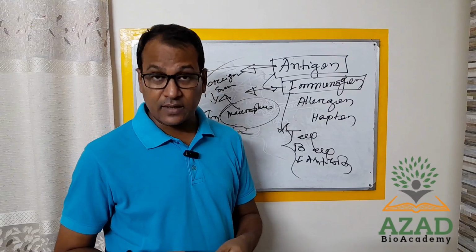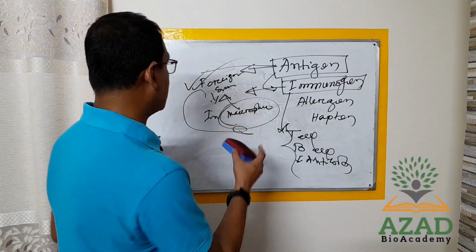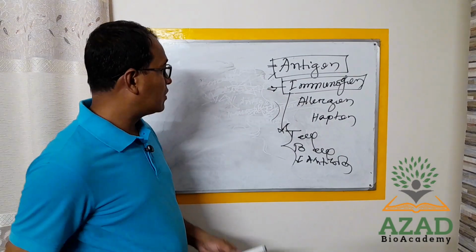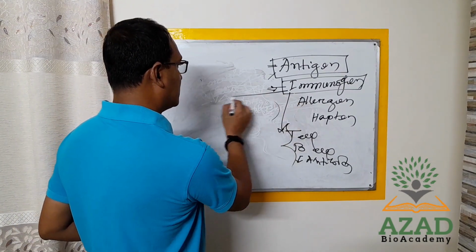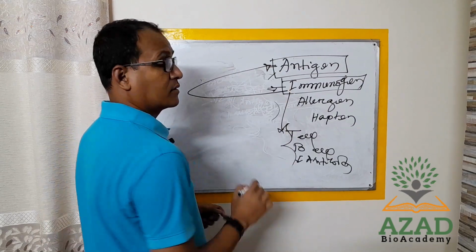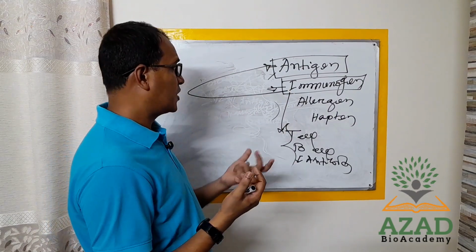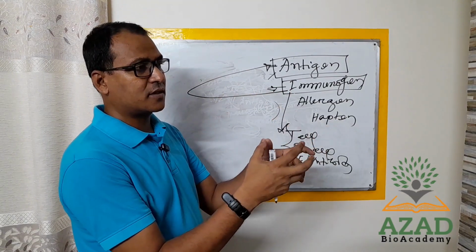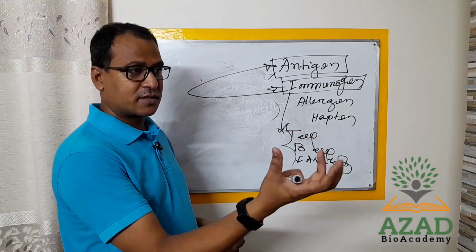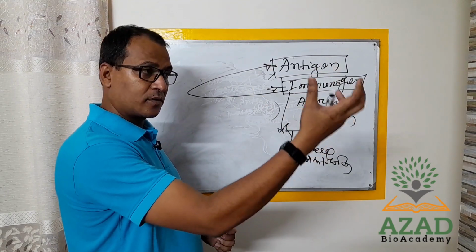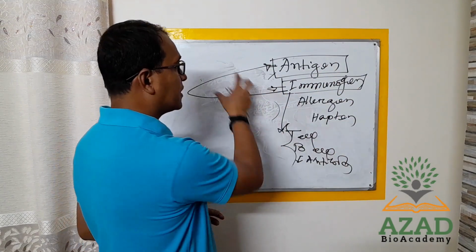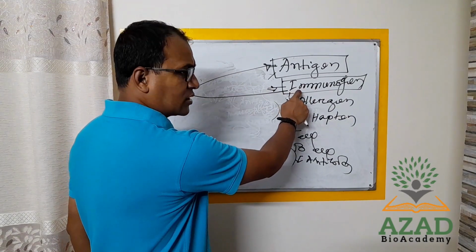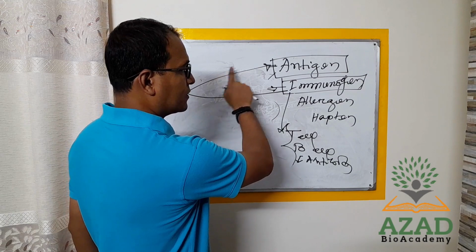Here you can mention one sentence as a slogan: all immunogens are antigens. Any substance that can activate your immune system to act against it is an antigen, so immunogen is one type of antigen.